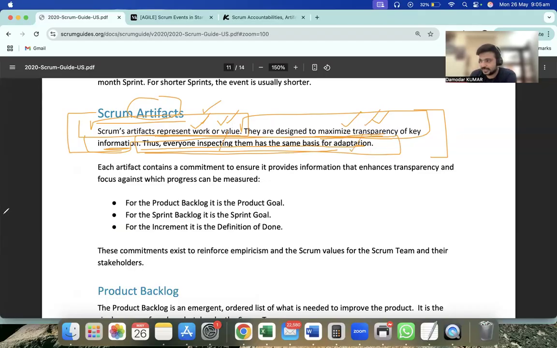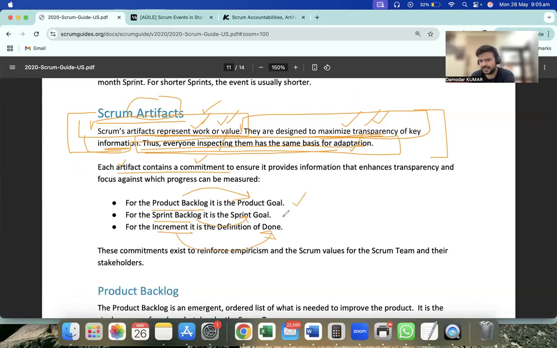Okay, let's get started with the three artifacts now. Each artifact contains a commitment, and that's 100% true, as I showed you also. There will be three artifacts: product backlog, sprint backlog, and increment. And these are their commitments: product goal, sprint goal, and definition of done.